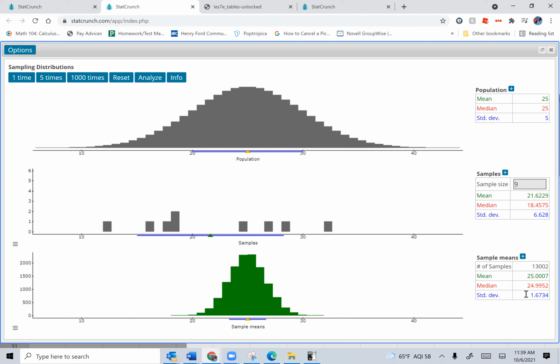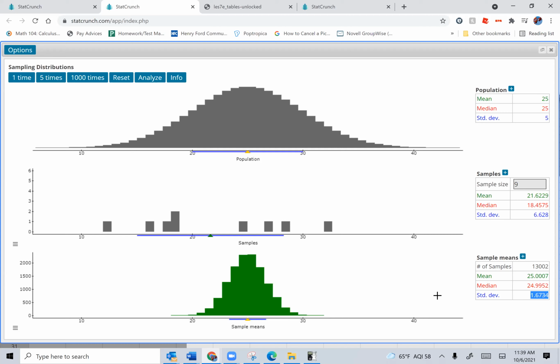Look at the standard deviation of the sample means. It's narrower. Guys, the narrower, the better for us when we study statistics. That means there is not much variation amongst the data values, and that's very important in statistics. When there is so much variation, your results are skewed, and you cannot have reliable results.